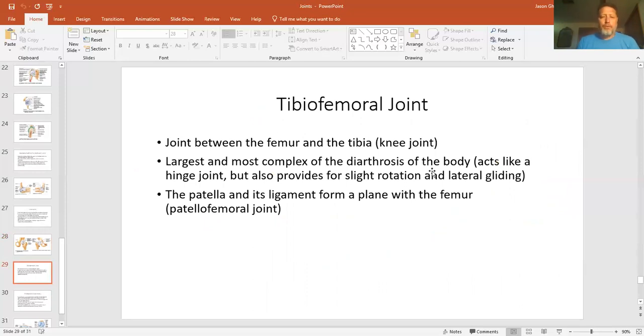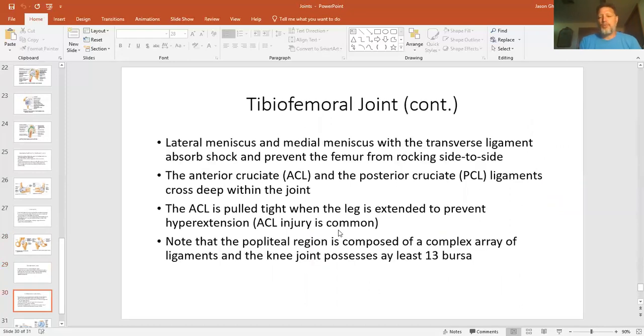We have a tibiofemoral joint. Again, this is between the tibia and the fibula. Actually, tibia and the femur. The fibula itself isn't necessarily part of the weight-bearing portion of this. But there is a little bit going on in here. So let's go ahead and look at this. So we're talking about the knee at this point.